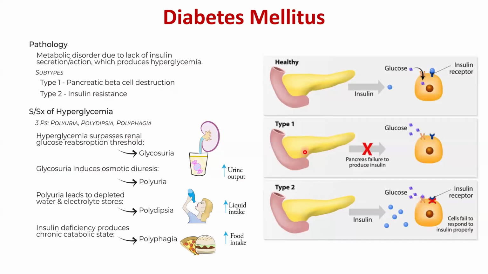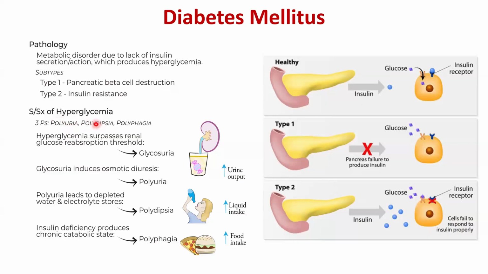Now the person presents with features of hyperglycemia, because you have glucose in circulation but it is not being taken up by the tissues. The person will present with what are usually called the three P's. Polyuria, that is the person urinates a lot.